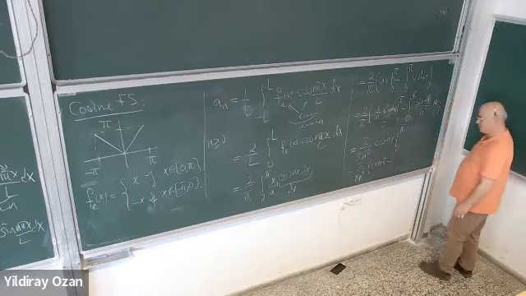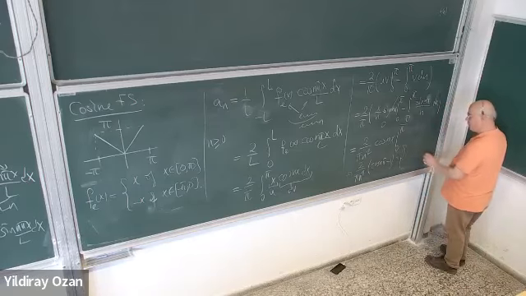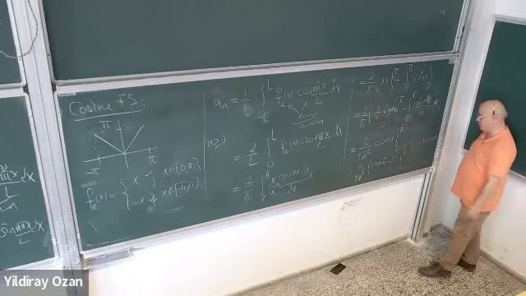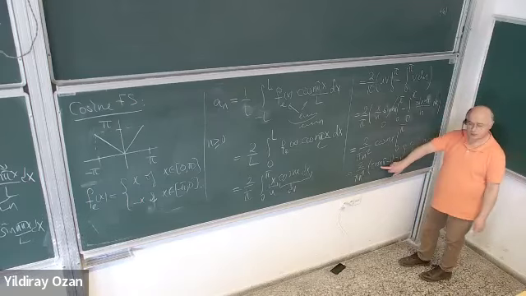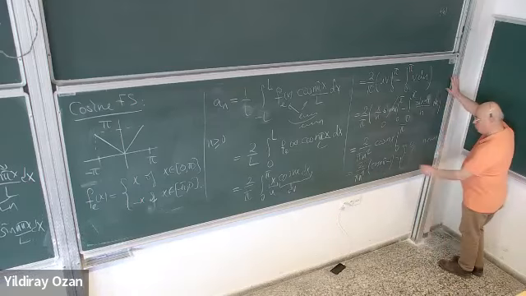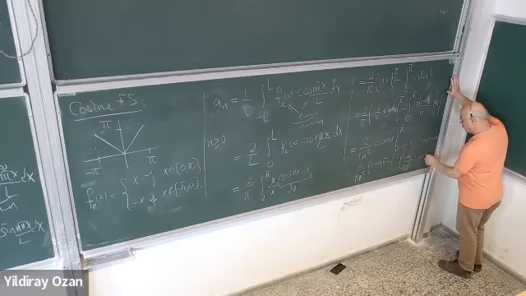Now if n is even, this is 0 because cosine of 2 pi or 4 pi is 1, so you get 0. When n is odd, it is minus 1, another minus 1, so minus 2, and minus 4 over pi n squared when n is odd.